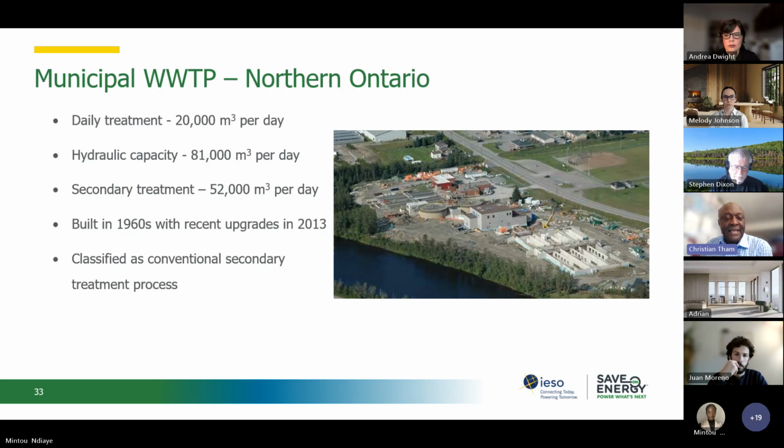And I want to talk about a municipality in Northern Ontario that participated, with a population of less than 50,000, and a treatment plant that was built in the 60s and recently upgraded in 2013. Daily treatment of 20,000 cubic meters, hydraulic capacity 81,000. It's a secondary treatment plant.